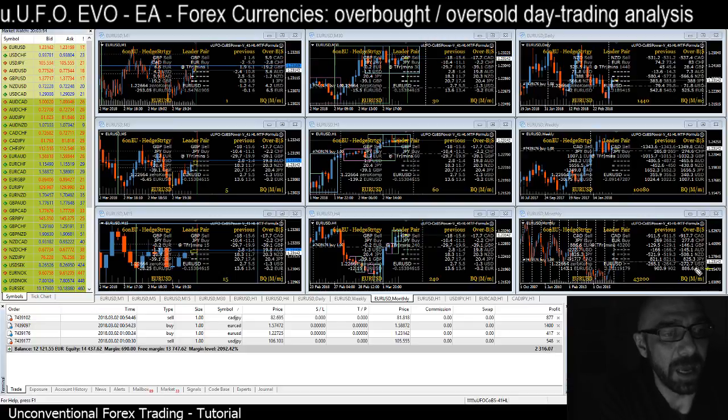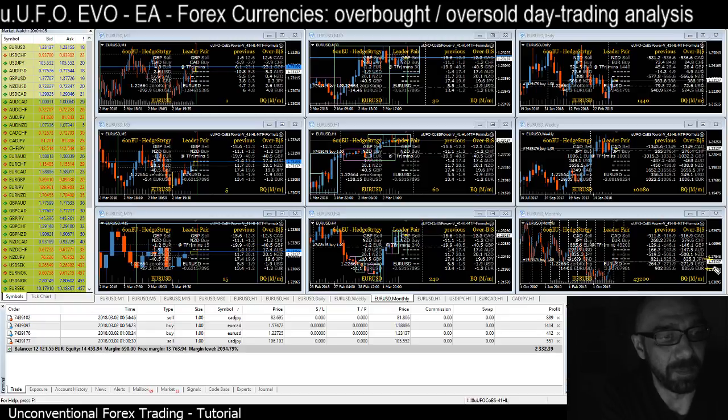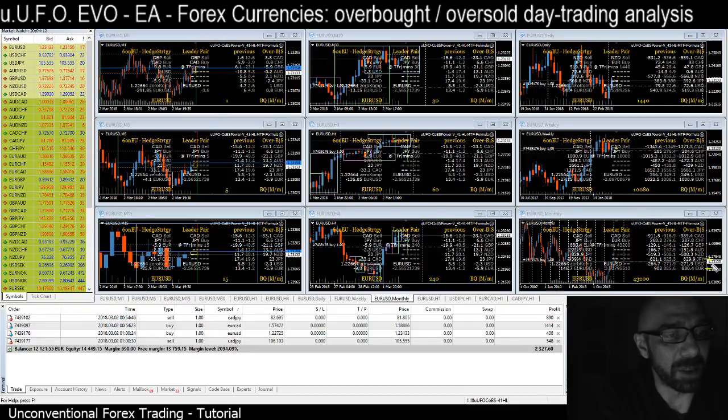Okay, and another currency that is very strong and overbought is yen. Okay, then we have, at least in the monthly, USD weak, and also CAD very weak.